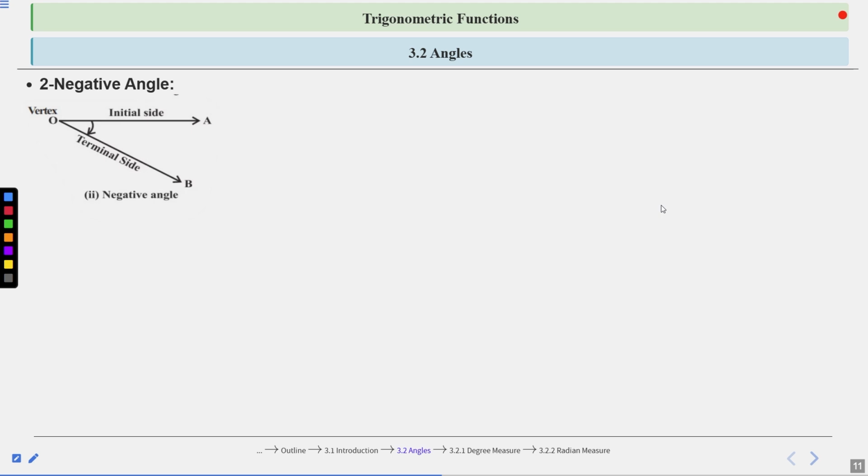If your movement is clockwise, clockwise is the term related to a negative angle. So if the direction of rotation is clockwise, you will say the angle is negative.